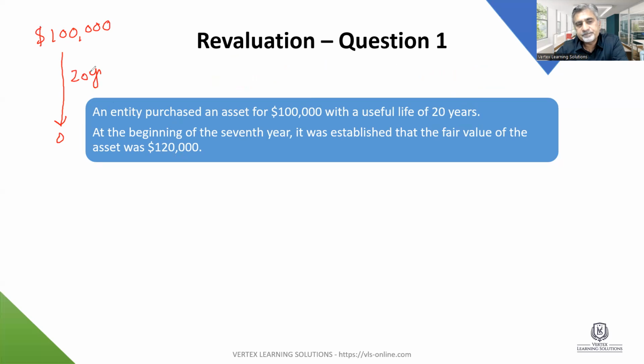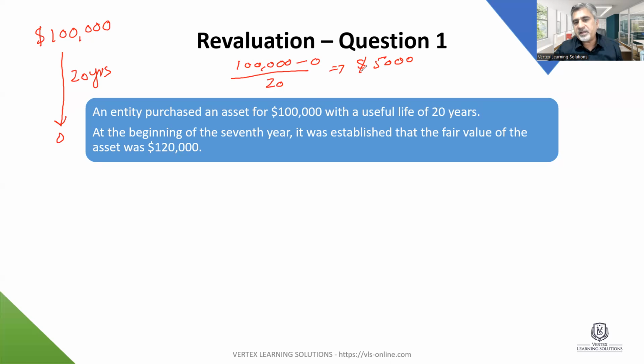Straight line method, if you remember: cost of the asset 100,000 minus residual value 0, divided by life 20. So your annual depreciation for this asset is $5,000, because a $100,000 asset will become zero over 20 years.